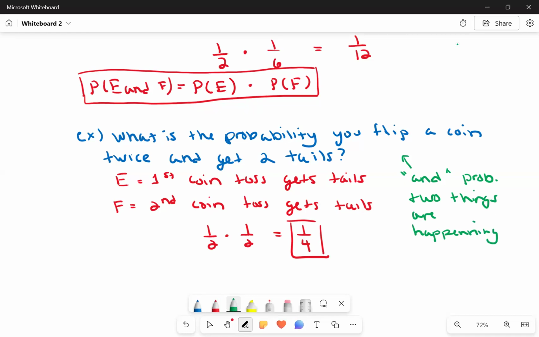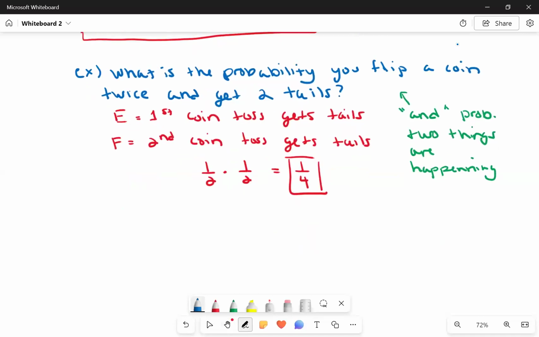Okay. Let's look at another example, changing it a little bit again. Before I do that example, let me explain one concept really quick. What we've been doing is looking at what are called independent events.